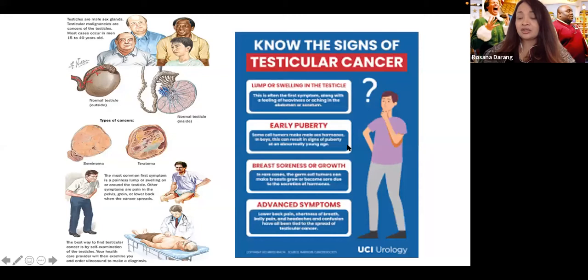And the most common symptom of testicular cancer, like many other cancers, is of course a lump or a swelling in the area. Aside from lump or swelling, early puberty is also a sign of testicular cancer. Breast soreness or growth or lumps in the breast of the male. And of course, in advanced stages where there's metastasis or spread of cancer, there are definitely other signs and symptoms like lumps in the groin, the inguinal area.